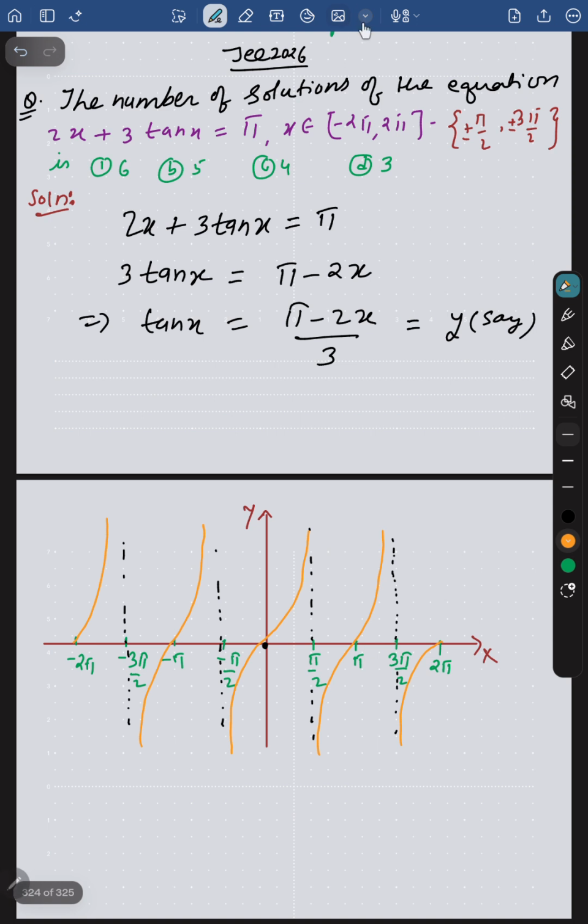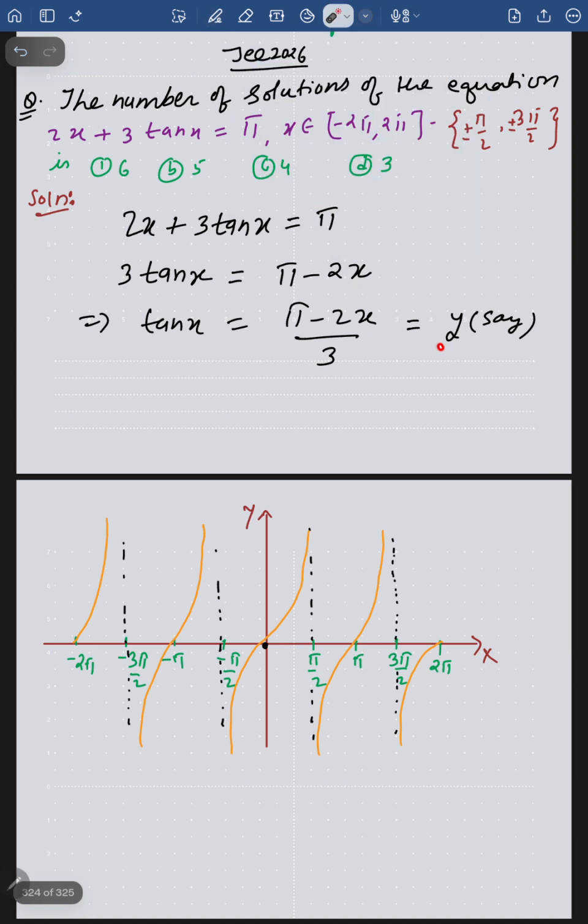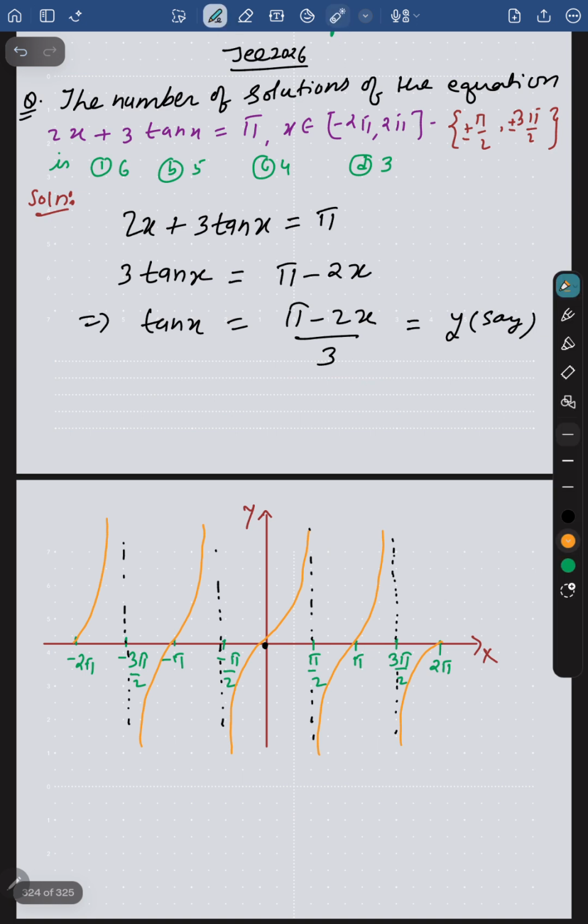Now we will draw the graph of y equal to pi minus 2x upon 3. So very simple, just see by the simplification that when y is 0 then x will be pi by 2, and when x is 0 then y will be pi by 3. So x is pi by 2, y is 0, that point you have to consider.